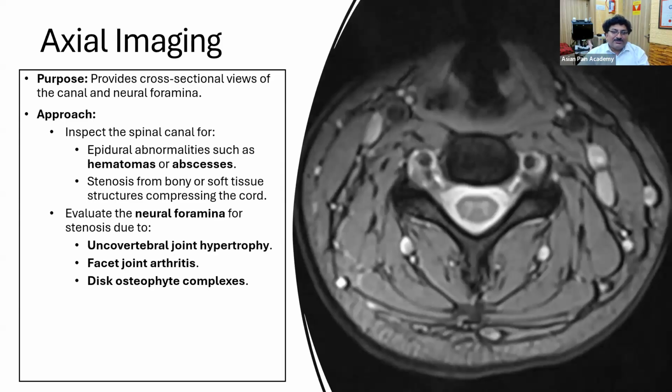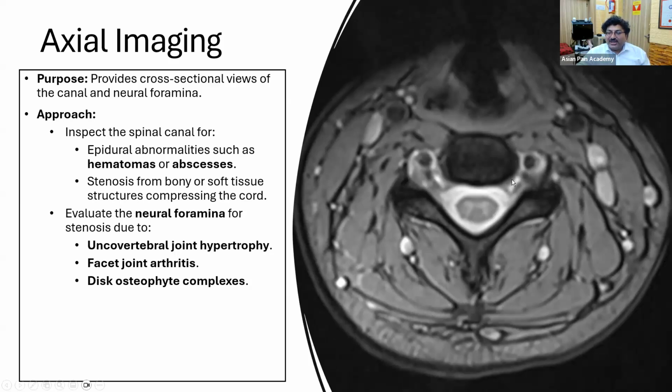Axial imaging gives you a cross-sectional view. It is useful for inspecting the spinal canal for epidural abnormalities such as hemangioma or abscesses, stenosis from bony and soft tissue, and any structure which is compressing the cord. If the disc is coming and compressing at the central level, you can see it is compressing the spinal cord.